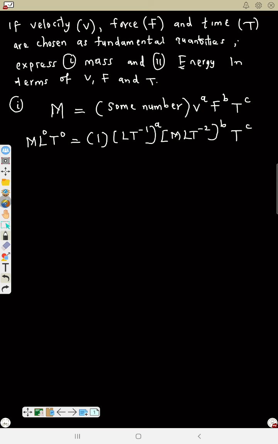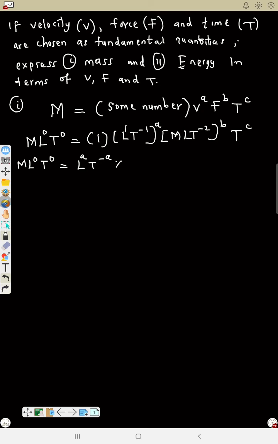You know it's power 1. So now this is M L raised to power 0, T raised to power 0 equals L raised to power a, T raised to power minus a. Meaning this is power 1, that will be 1 times a, and again, minus 1 times a, that is minus a.